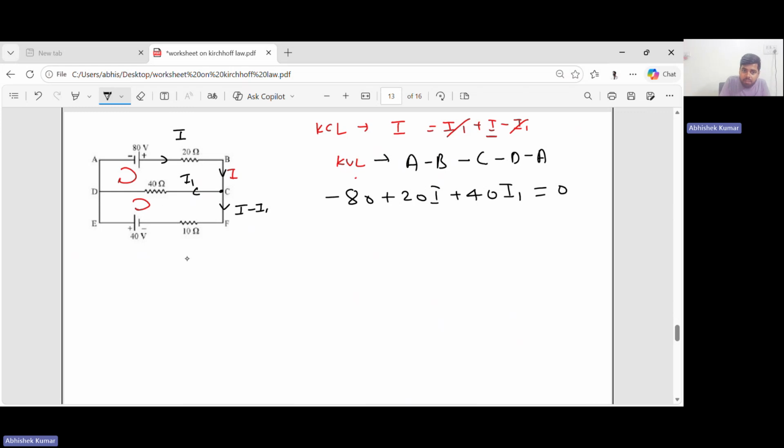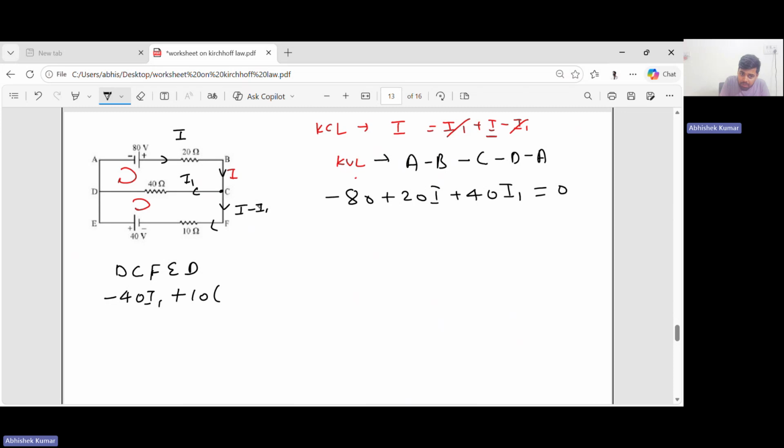Now next point. Observe in this part. What is their part? D, C, F, E, D. So D to C, here we will take minus 40I1. Here current is there, no. In this part the current direction is the same. How much is it? Plus 10 into how much current?